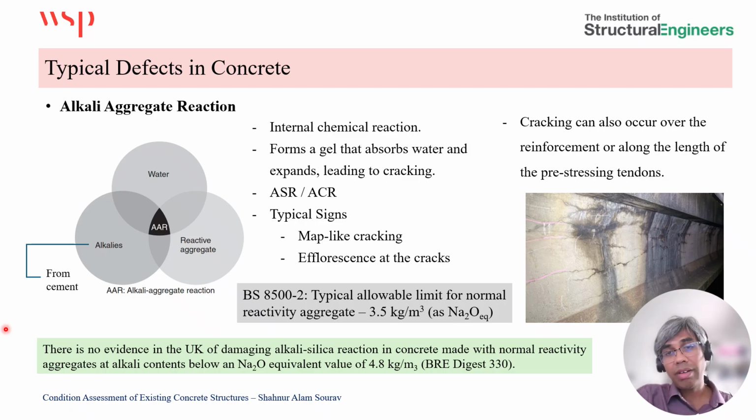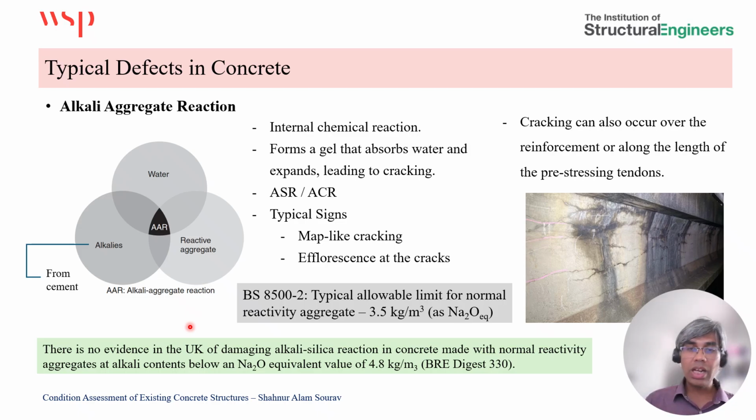But cracks can also happen over any reinforcement, or along the length of the pre-stressing tendons. As you can see, this is a post-tension beam, and the cracks occur in a longitudinal way along the line of the post-tensioning tendons.